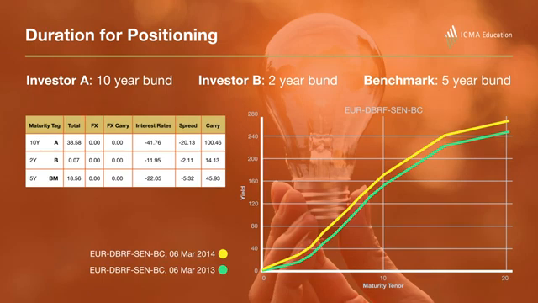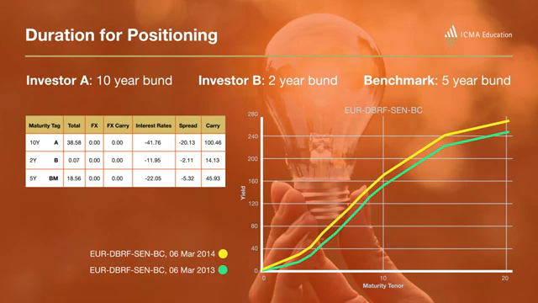Based on movements in the curves, so based on interest rates and spreads, the 10-year Bund owned by investor A would have lost 62 basis points. The 5-year would only have lost 27, adding up the two columns, and the 2-year would only have lost 14 basis points.